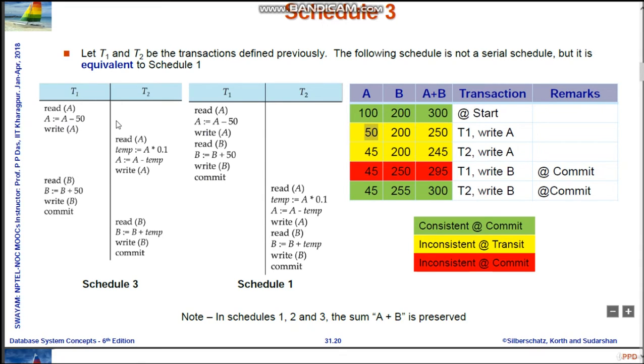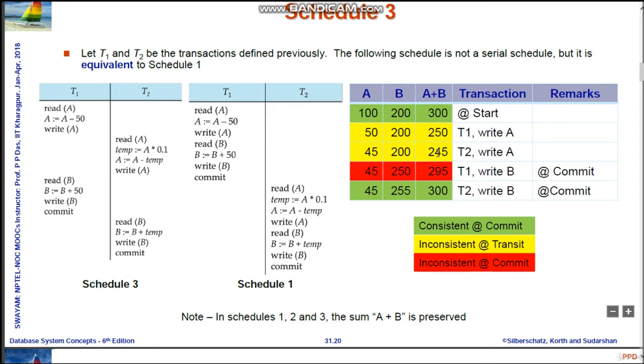So now it is reading 50 and taking 10% of 50, but actually it has to take 100. So 10% of 50 is 5, which gives 45. And b is not affected at that point because we are only talking about a. So 200 plus 45 is 245, again inconsistent.